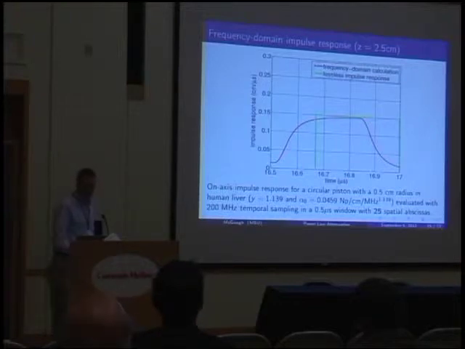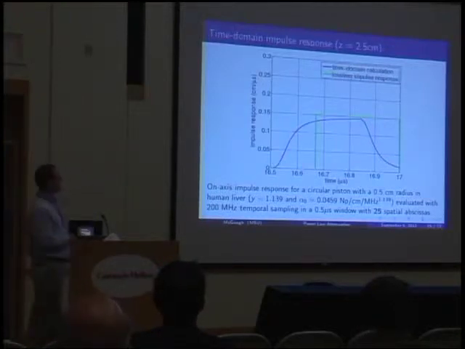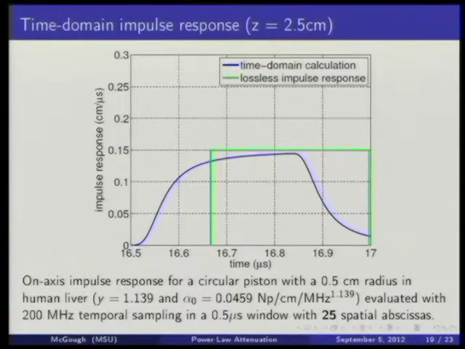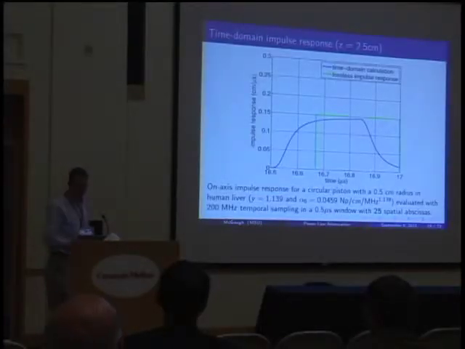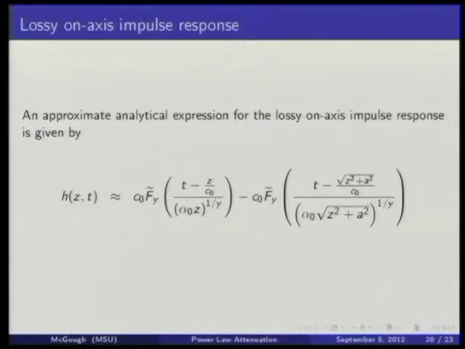So an easy way to address that is to simply calculate the result in the time domain using the stable toolbox. And what that does for us, unlike the frequency domain calculations, we can specify a range of times over which we're interested in the impulse response, and the solution will not be polluted by this frequency domain wraparound. So that's a nice feature of calculating these in the time domain. Then also, since we have these nice analytical expressions based on these PDFs, we can calculate analytical approximations for the impulse response in lossy media.